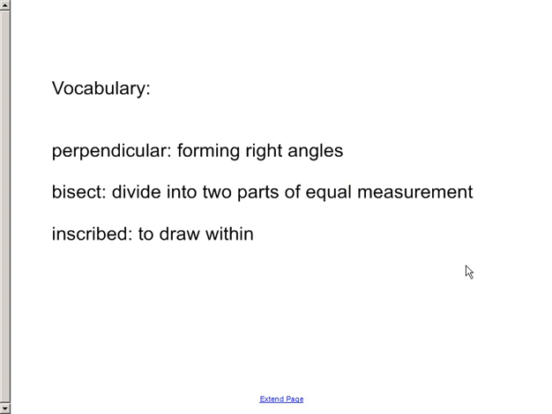And then the word inscribe means you draw within. So in this lesson, you're going to be inscribing a square into a circle. So you're going to draw it within the circle, but the vertices of the square will touch the circle.